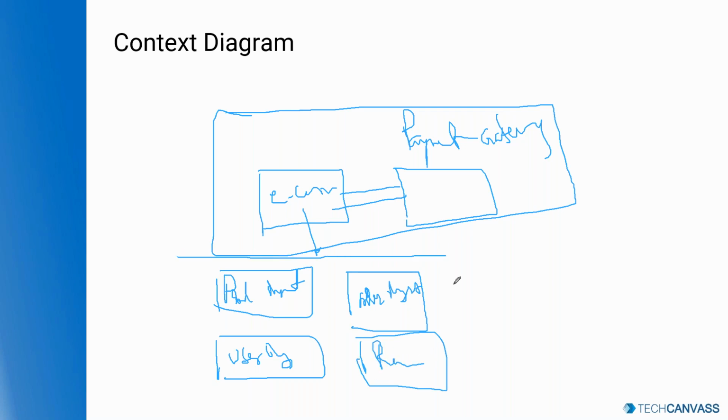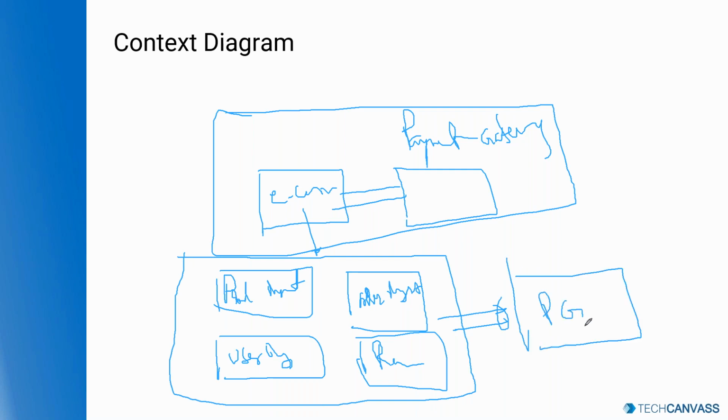You can now think that there are 4 other modules in this system, and the order management is going to talk to the payment gateway. This is the way we try to understand the context of a system when we are starting up.